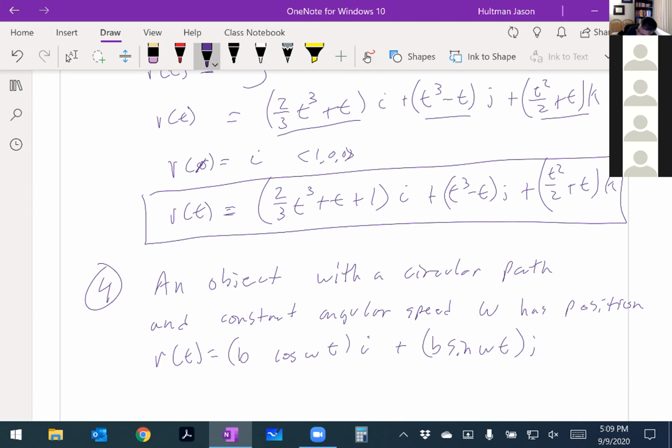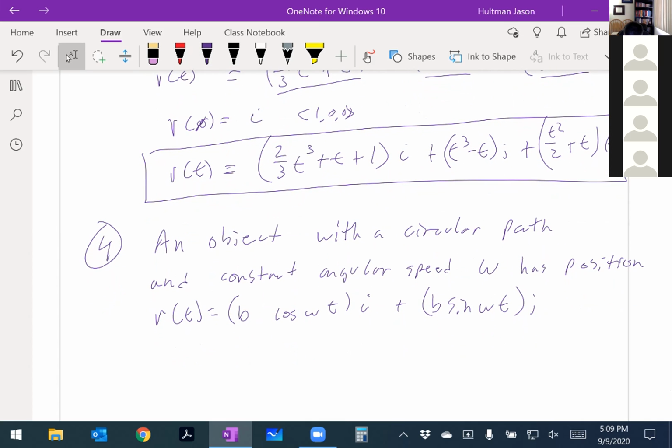Okay, so this circular path has constant angular speed omega, has this position.